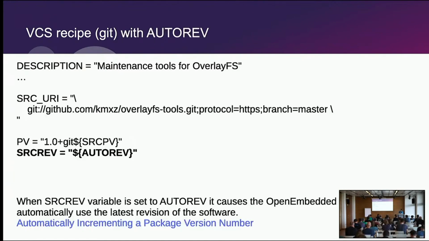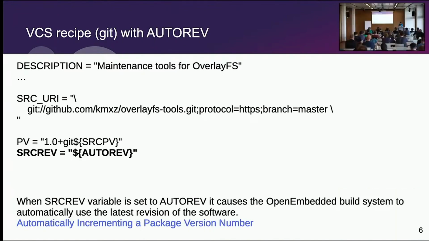What happens when we use the keyword AUTOREV? That's an example with the OverlayFS tools I mentioned. I still use the Git URL, but now instead of setting a fixed revision, I set the keyword AUTOREV. It looks like a variable, but it's just used later on to substitute the actual revision.